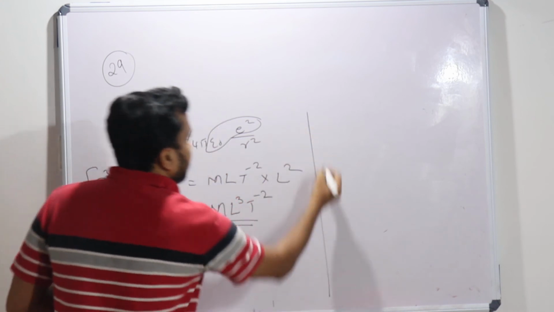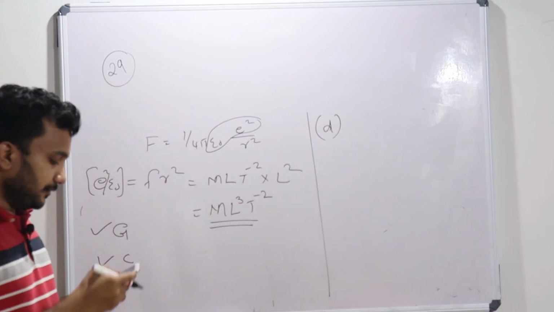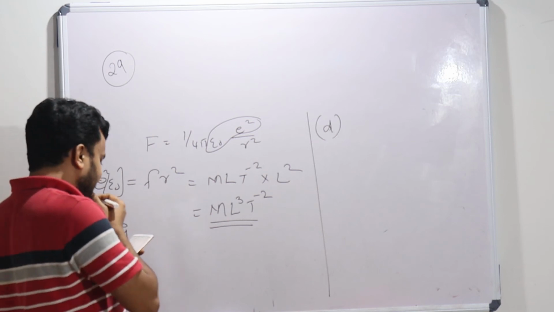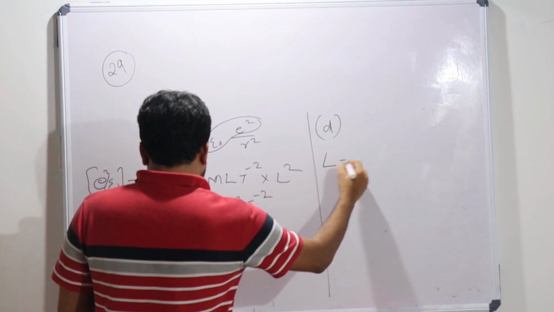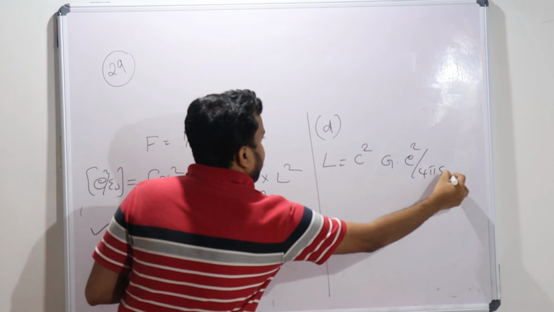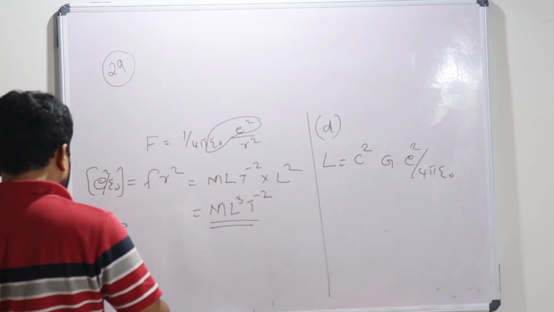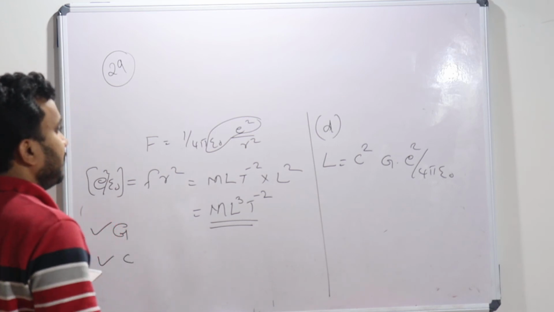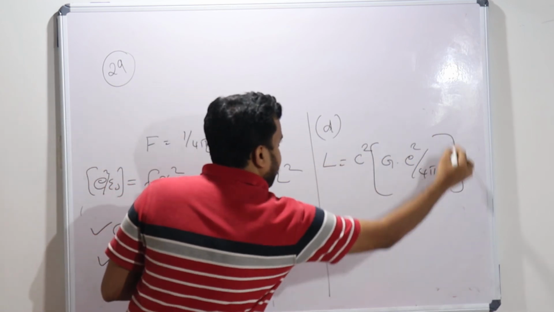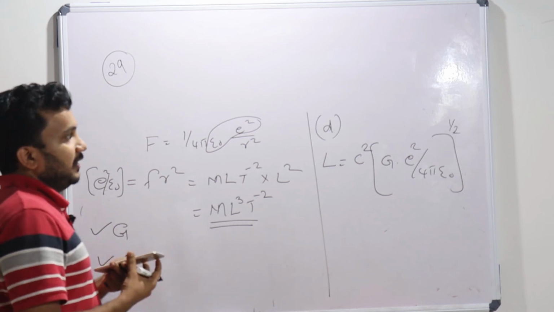Sorry for that, the answer is coming as option D. Which means the length dimension formula is c square by G into e square divided by 4 pi epsilon 0, the whole power of 1 by 2. I already solved this one, that's what I am writing. The options are directly here.